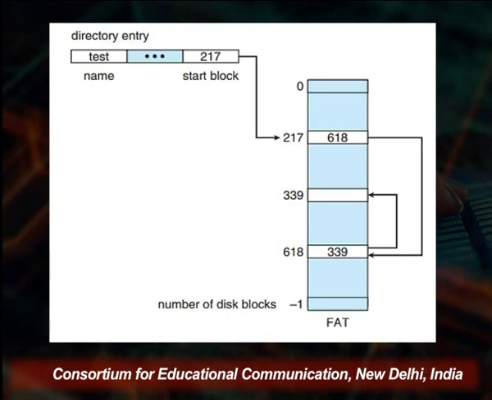So, till this point we have seen all three file allocation strategies, which are continuous allocation, linked allocation and indexed allocation. All three methods have their advantages and weaknesses.